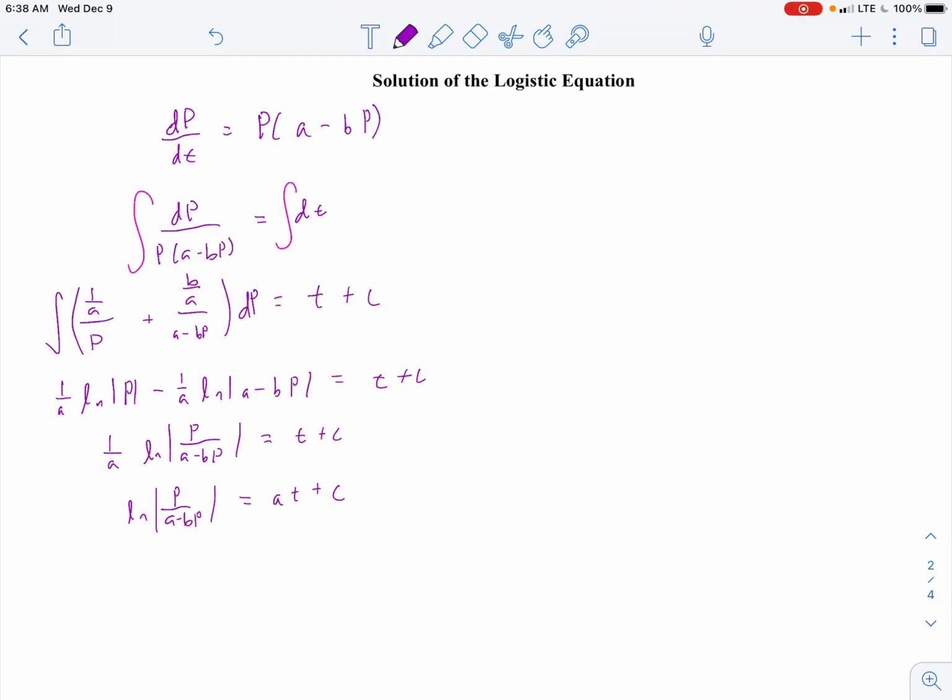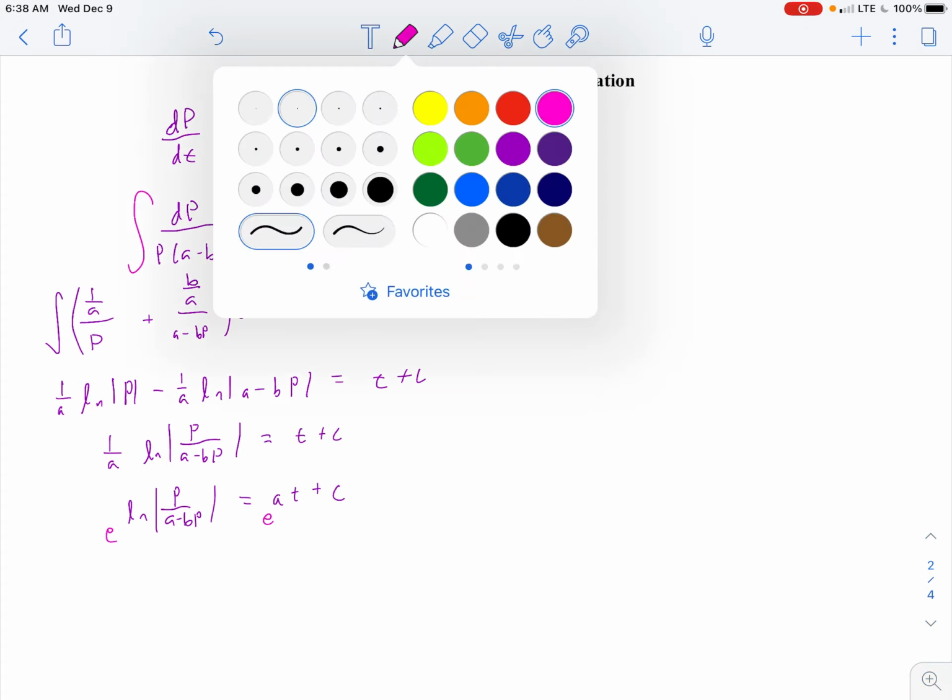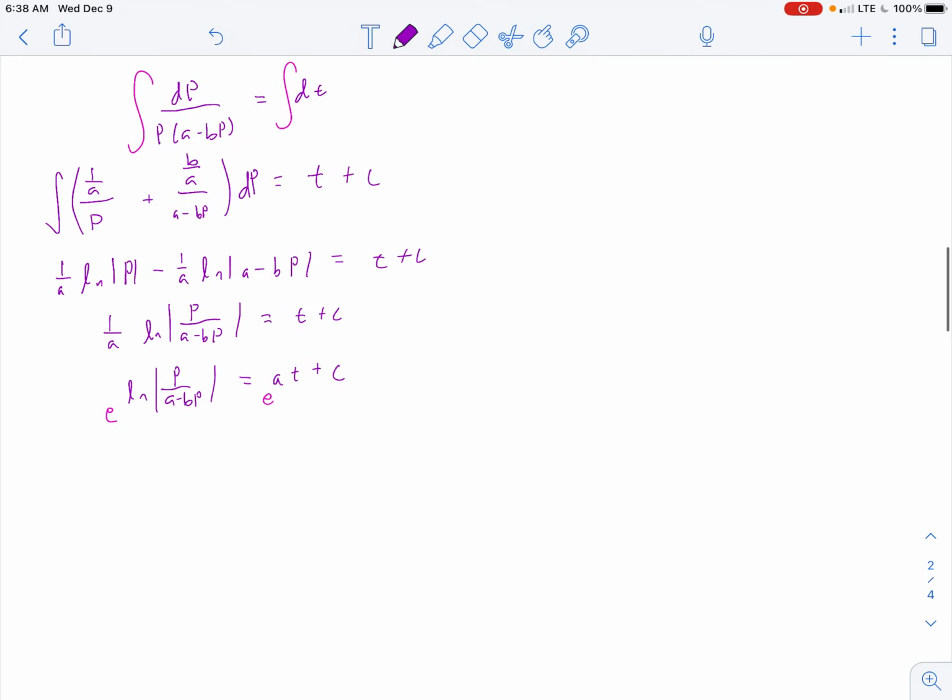After we multiply that, let's get rid of our natural log. So we're going to put e in there. Once we put e in there, we're going to be left with p over a minus bp, and that's equal to e to the at plus c, which is going to be c e to the at. And then now let's go ahead and solve for p.